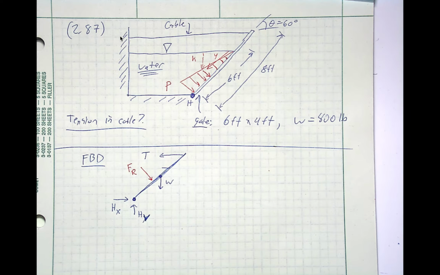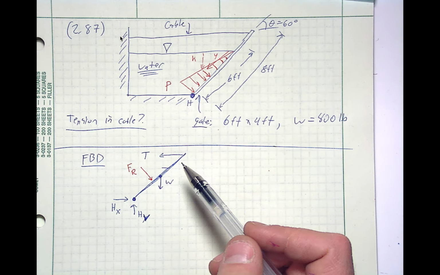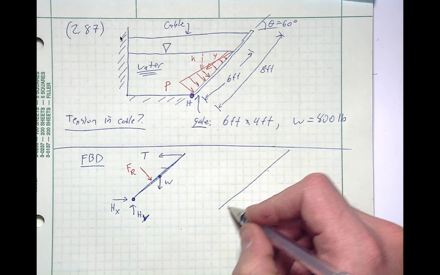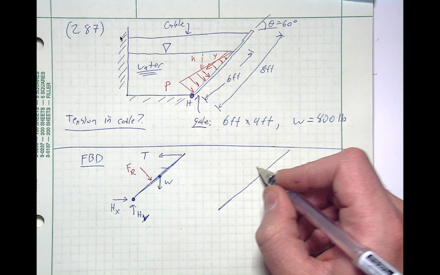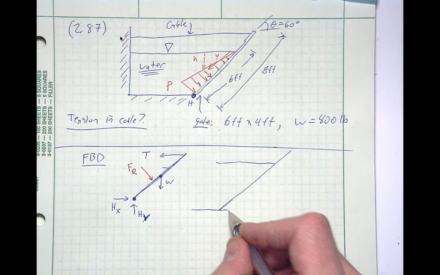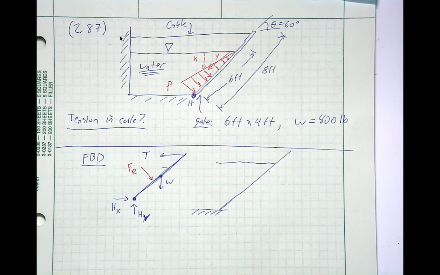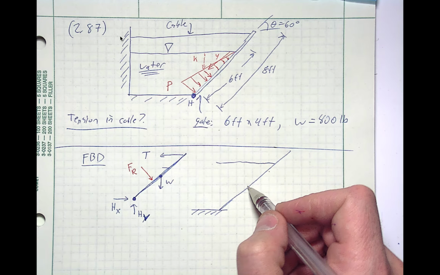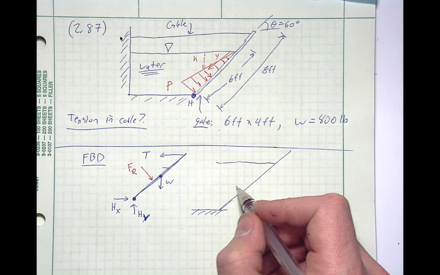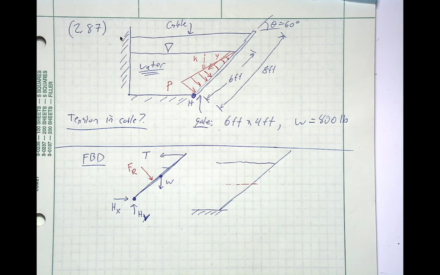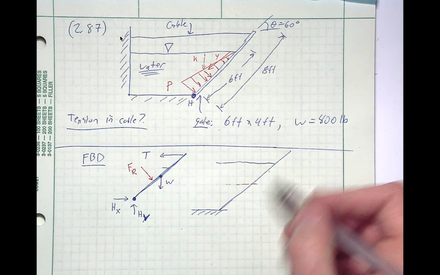So let's get another diagram where we can just talk about that hydrostatic pressure force. If this is the water level, this is our ground, we know that the location of the resultant is going to be halfway along the gate here, right?